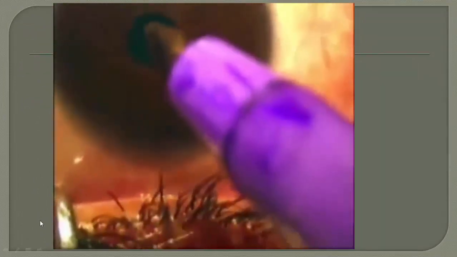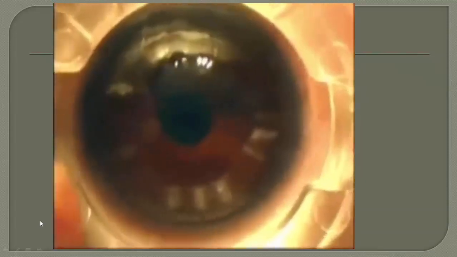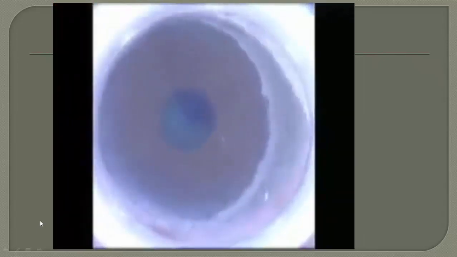In this video, we can see the operation of intracorneal ring segment implantation by femtosecond laser. We apply the suction ring for the femtosecond laser process. Here is the stage of docking by flattening of the corneal surface, which is called applanation. This full applanation will be followed by creation of the tunnel by femtosecond laser.